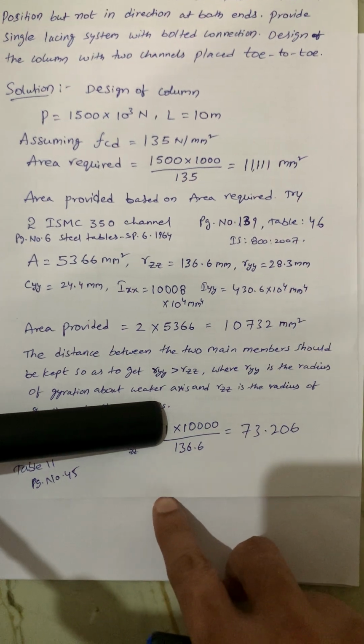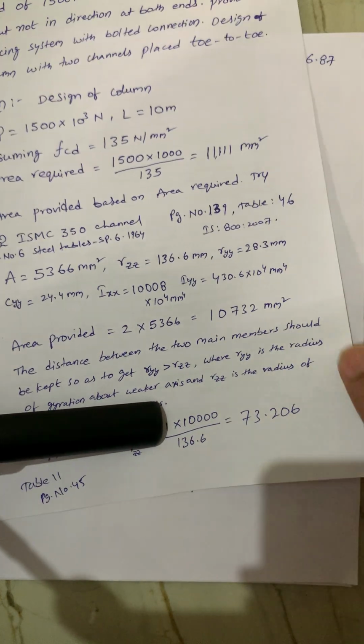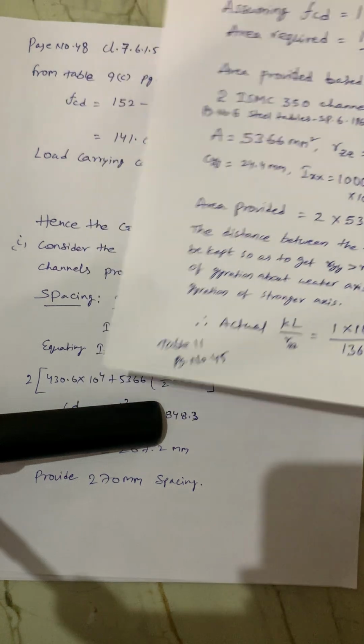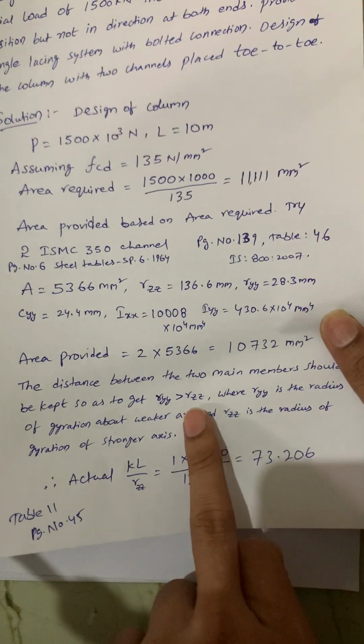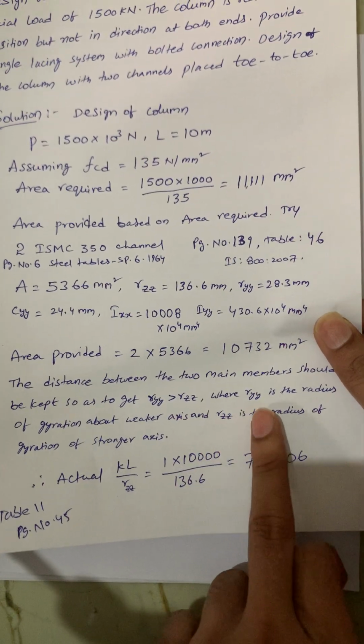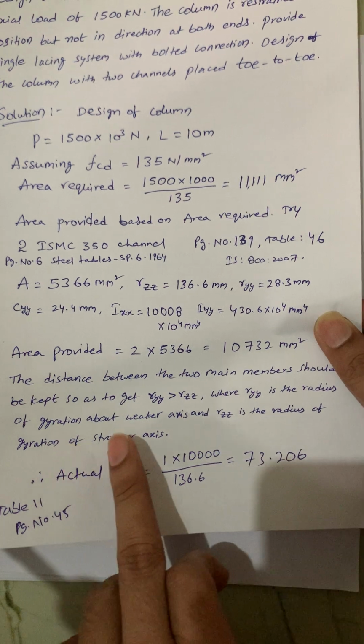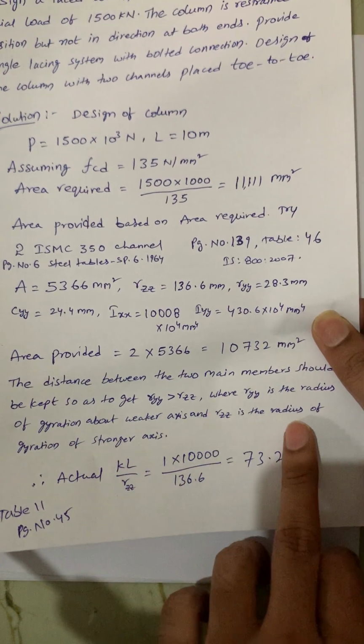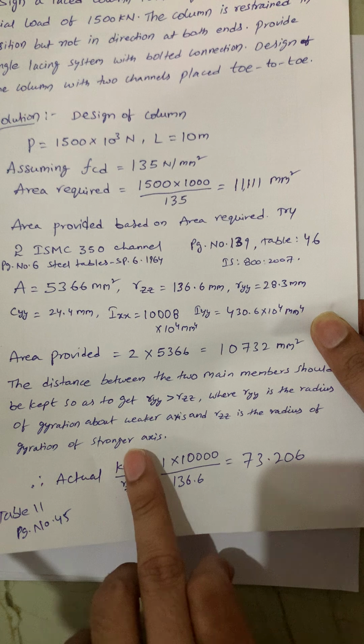And next, the distance between the two main members should be kept so as to get RYY greater than RZZ, where RYY is the radius of gyration about the weaker axis and RZZ is the radius of gyration about the stronger axis.